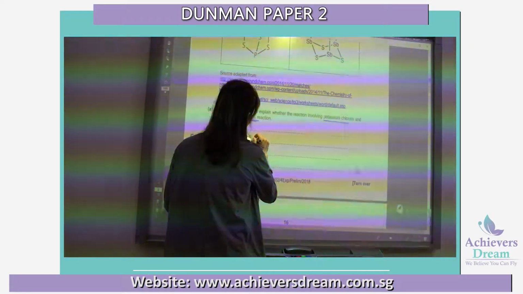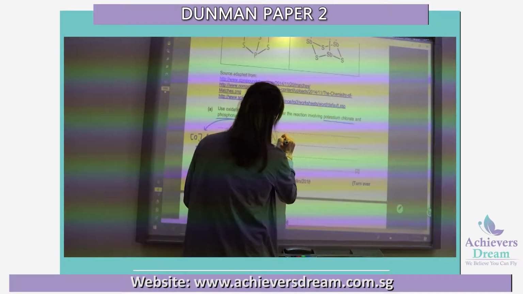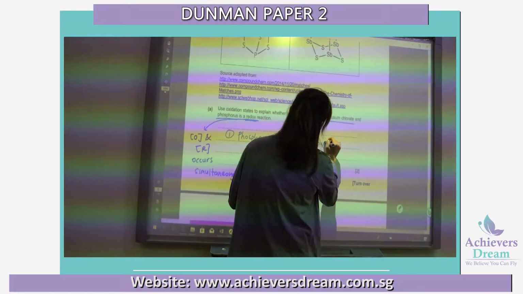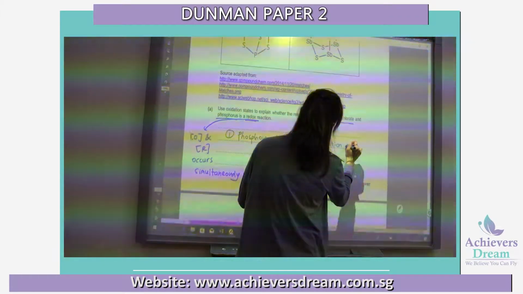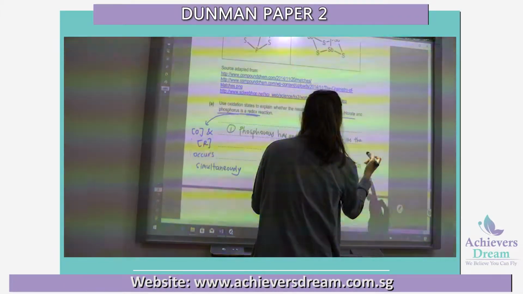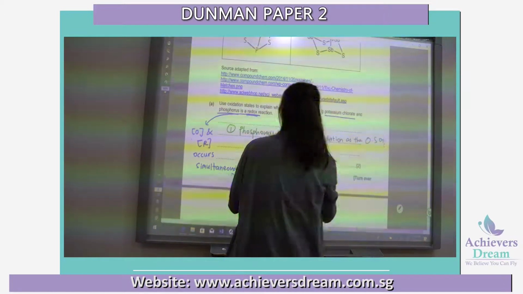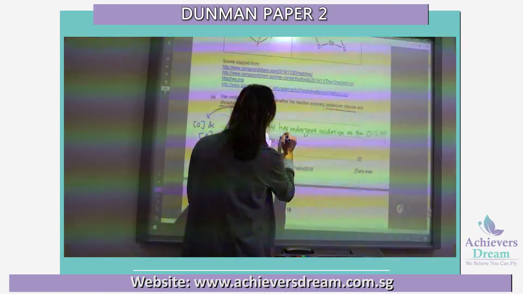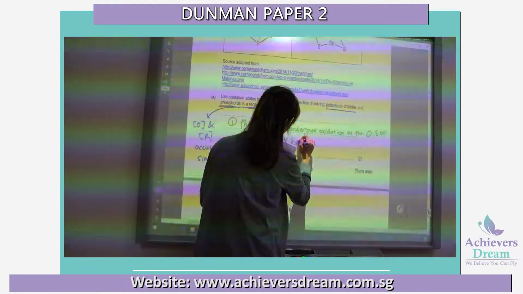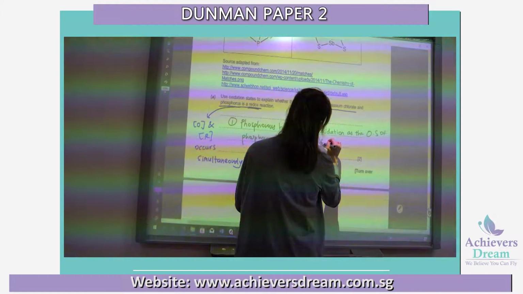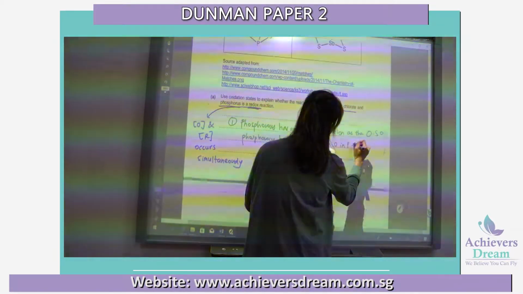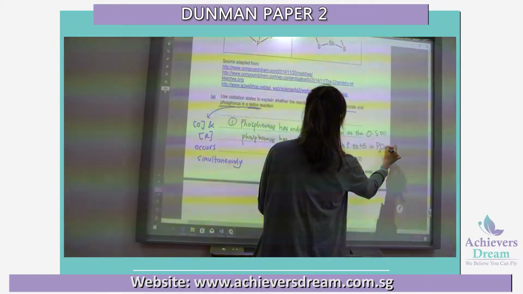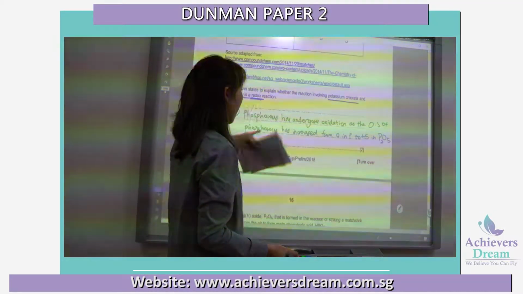So we say that phosphorus has undergone oxidation as the oxidation state of phosphorus has increased from 0 in P to +5 in P2O5. Okay, so I'm done with the oxidation part.